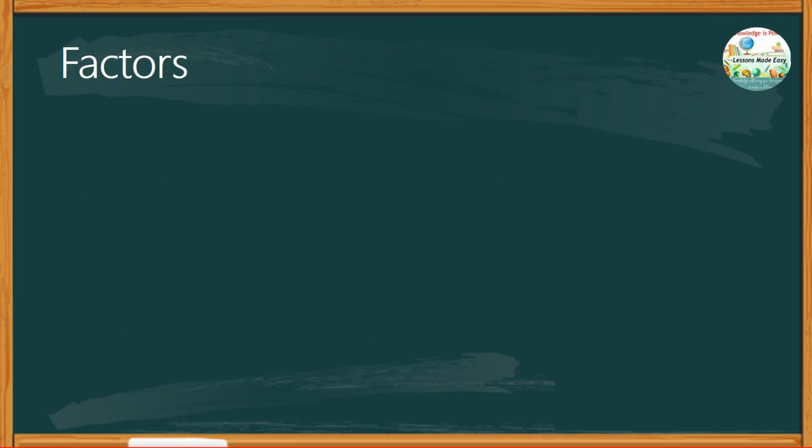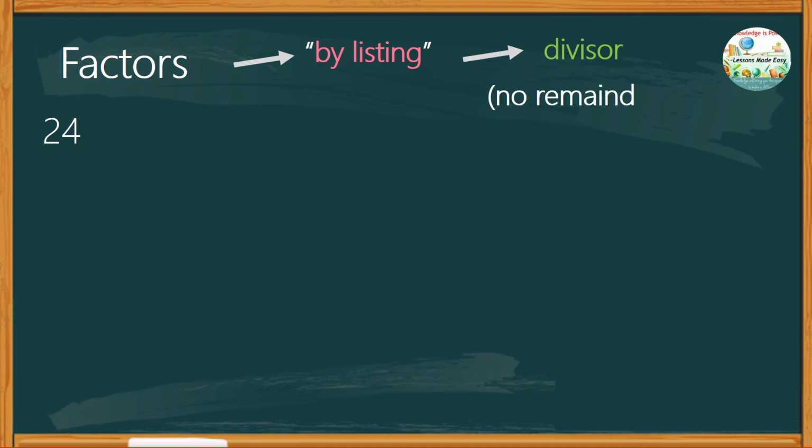Another way to find the factors of a number is by listing. Let's say, for example, you need to find the factors of 24. By listing, you simply list down the divisors, or exact numbers that you can use to divide 24 with no remainder.